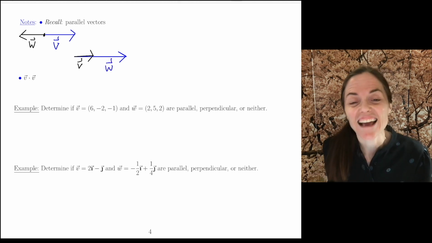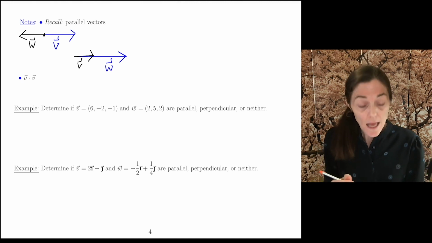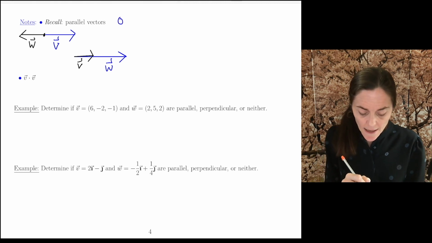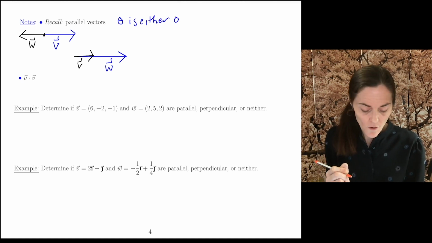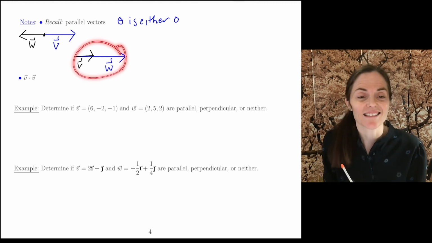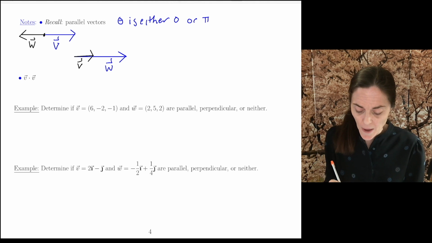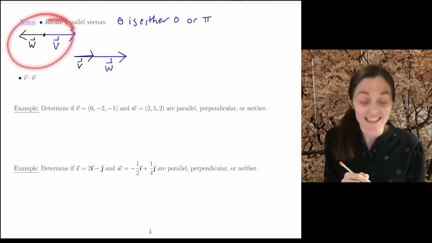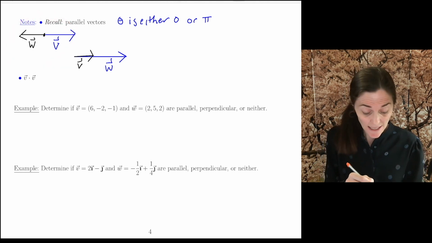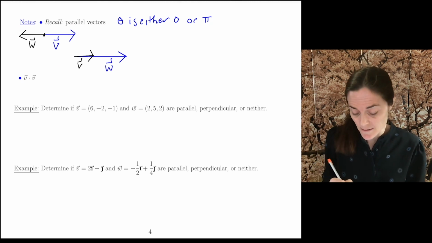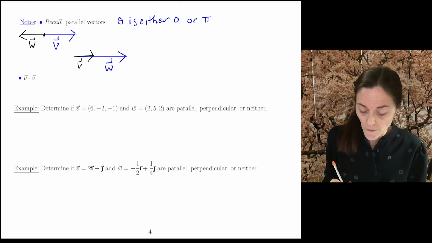Now, what does this say about the angle? Well, you see theta is either 0, in this case when they point in the same direction, or theta is pi, in this case when they point in opposite directions. Let's keep going with this, unraveling what this is going to say about the dot product.